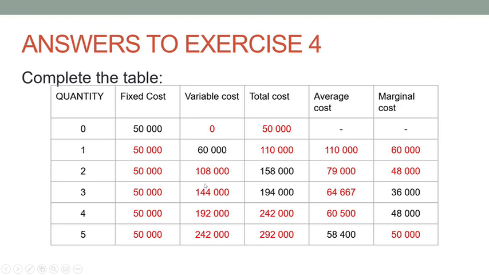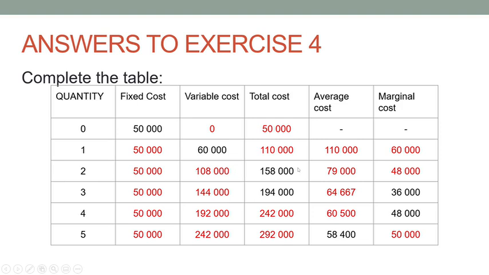Then in the next one, all we had was the total cost. But we know that the fixed cost is 50. So we went 158,000 minus, can you see how I'm manipulating the formula now? So it's 158,000 minus the 50,000 of the fixed cost, which then gave me my variable cost of 108,000.